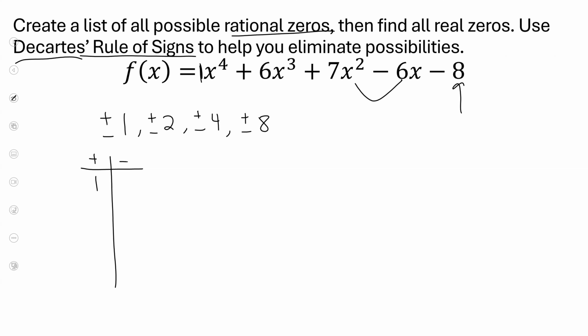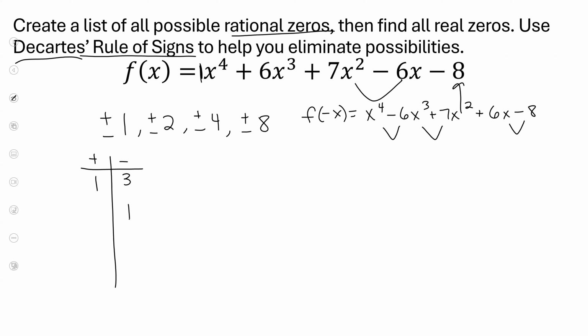Now let's do the negatives. F of negative x is, this will stay the same. This one changes. This stays the same. This one changes. That stays the same. There's 1, 2, 3 changes. Less than that by an even number is 1.